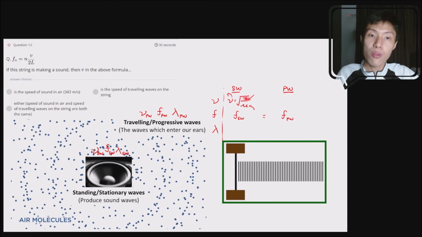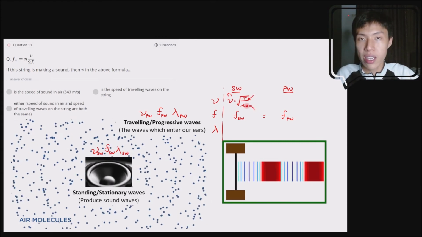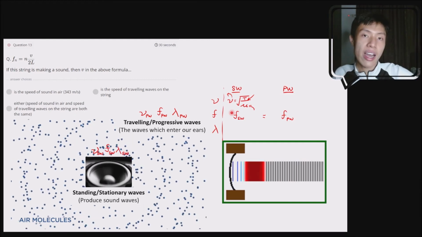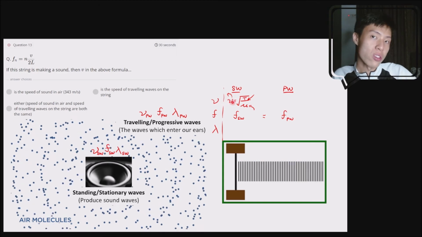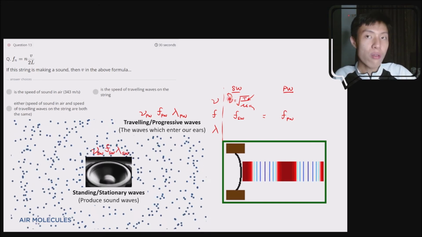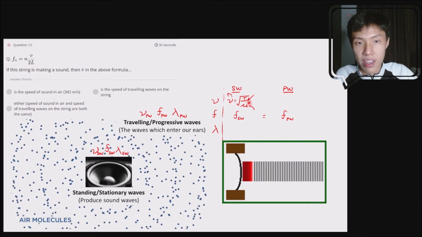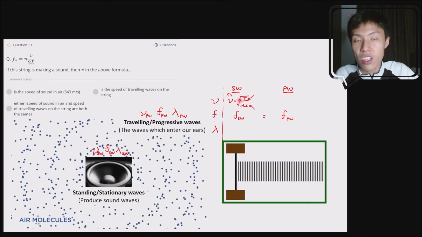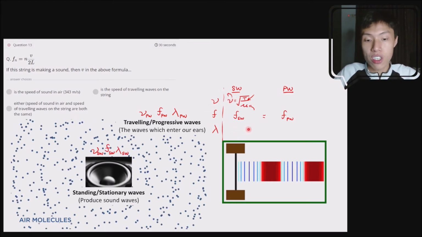These are the only two things that affect the wave speed on the string. So if you fix the tension and fix the mass per unit length, even though you pluck it at a higher frequency or a lower frequency, your velocity will not change. Your velocity is fixed because you are not changing the tension or the mass per unit length. So even though you are changing the frequency, the wave speed will not change. What will change?